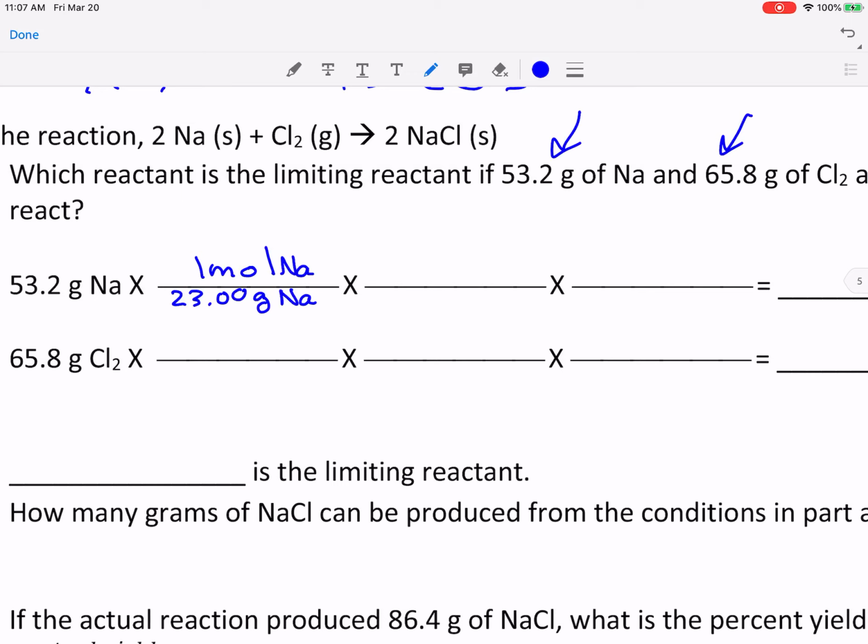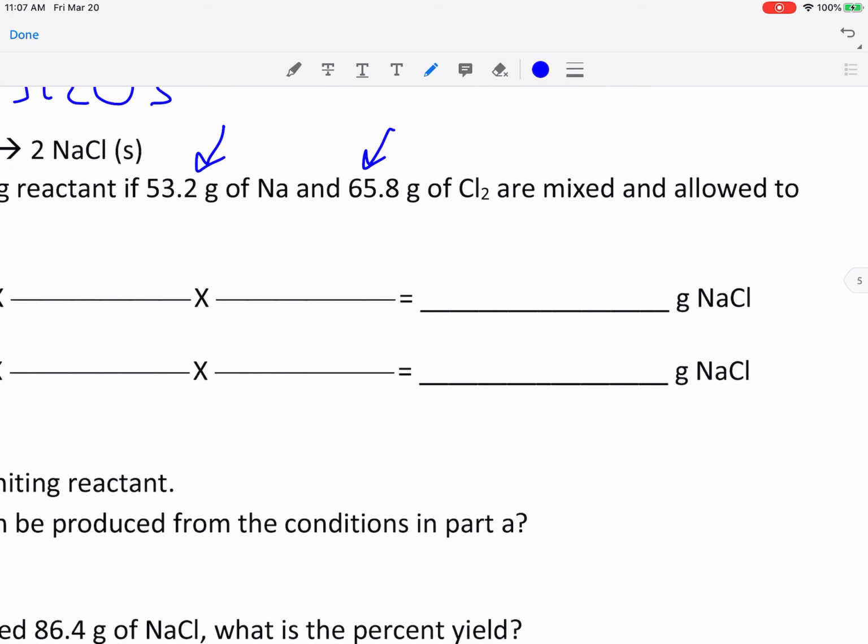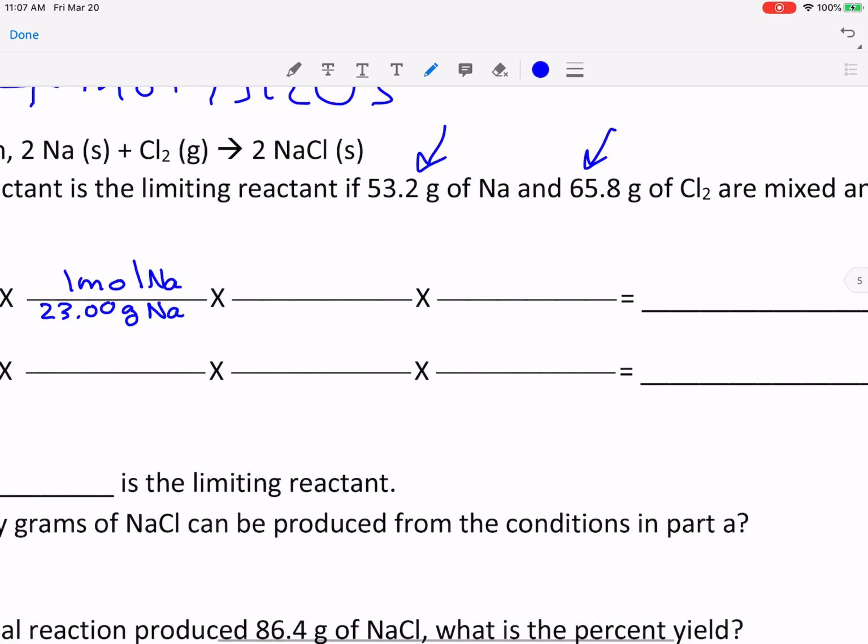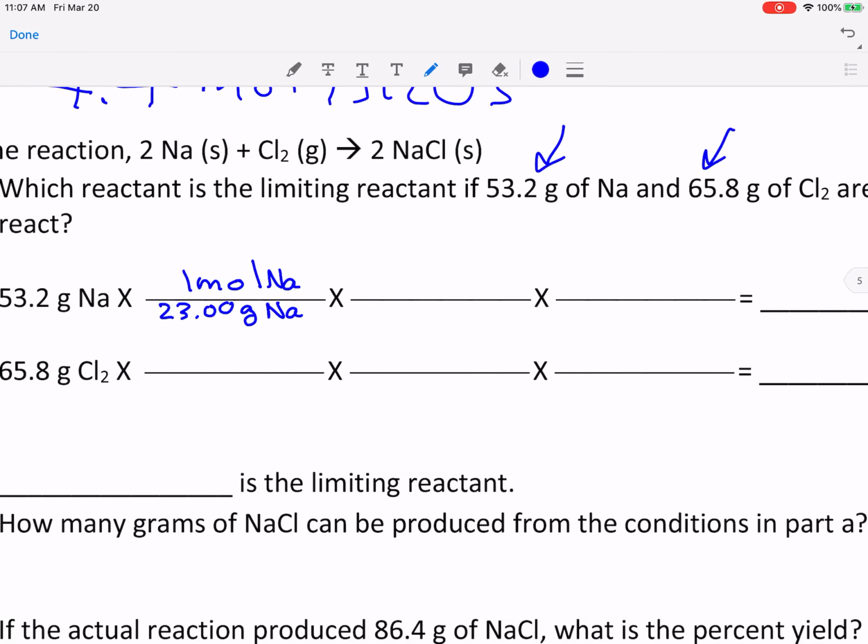In this case the product is sodium chloride, and the output is already given as a mass of sodium chloride. You're going to convert from moles of sodium to moles of sodium chloride, which is actually 2 moles of Na going to produce 2 moles of sodium chloride, because of those two coefficients.